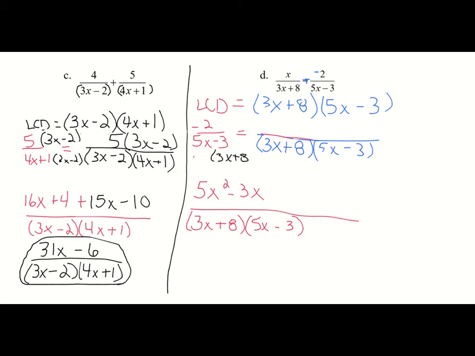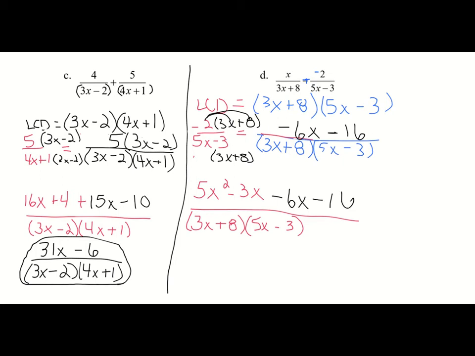So I'm going to multiply the top and the bottom by 3x plus 8. So when I distribute, it's going to give me negative 6x minus 16. Again, I distribute that negative 2, so minus 6x minus 16.